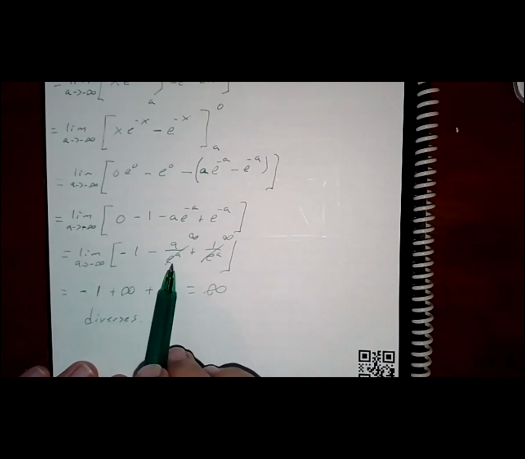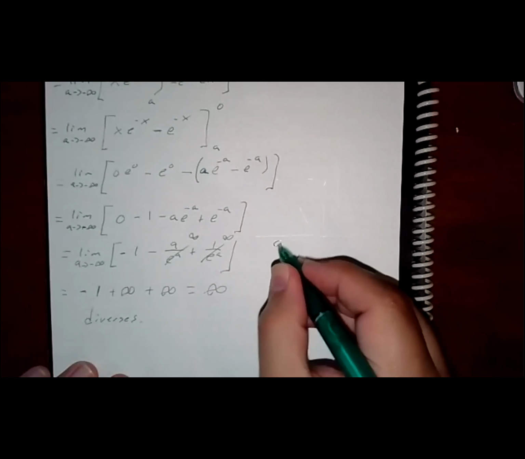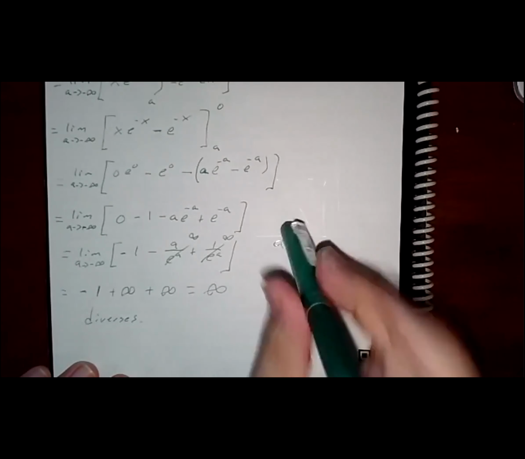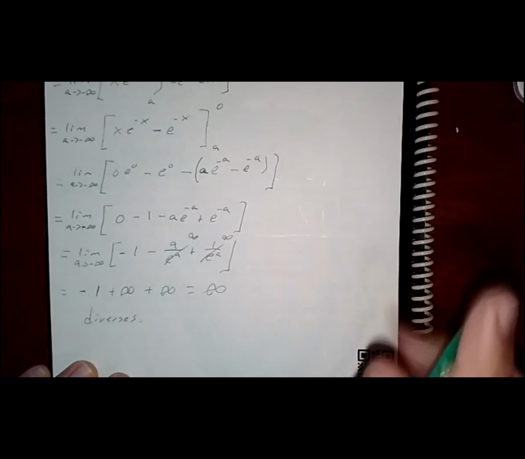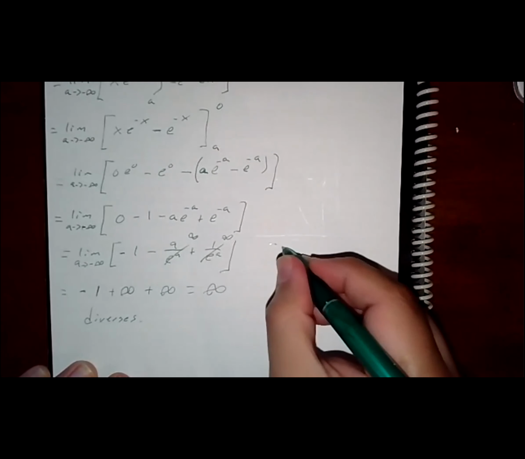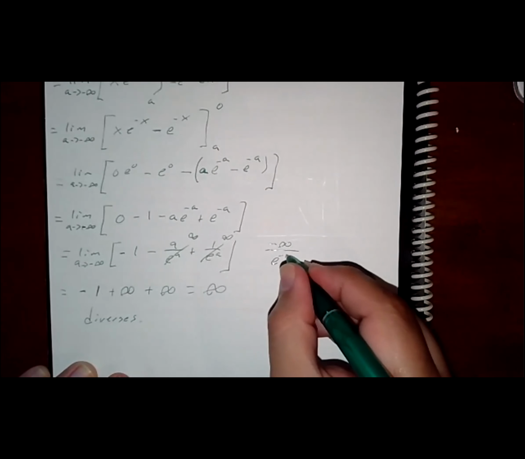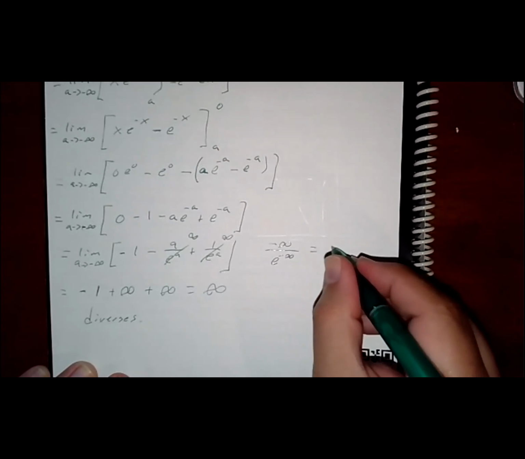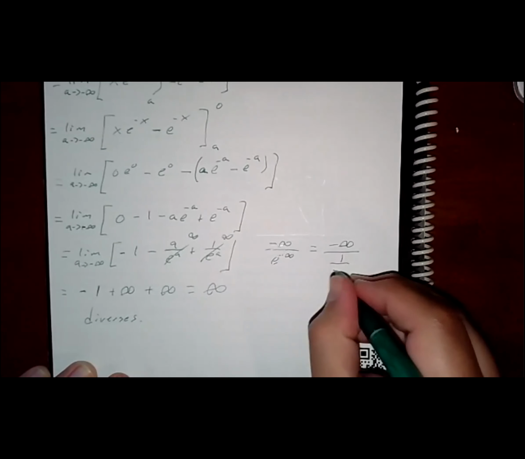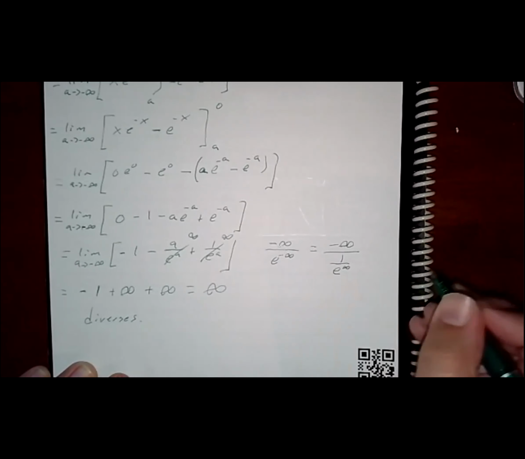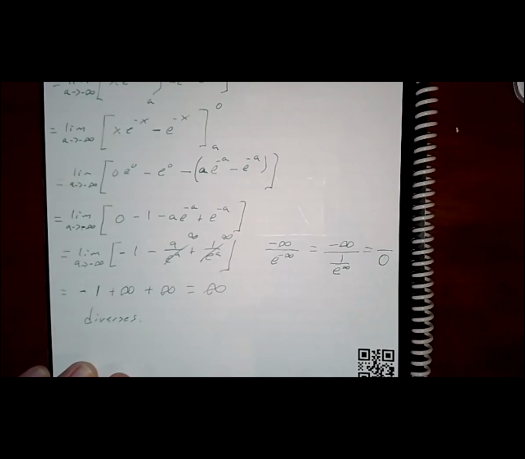I mean, this is improper, but just so you can see it, if we were to, in quotation marks, plug in infinity, you see that this would be a 0.